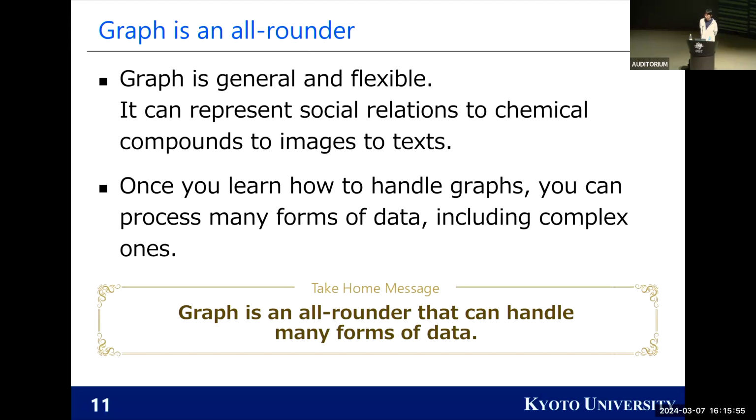Once you learn how to handle graphs, you can process many forms of data in a unified way, including text, images, the combination of them, multimodal data, and so on. So that's why we want to learn how we can process graphs and graph neural networks.